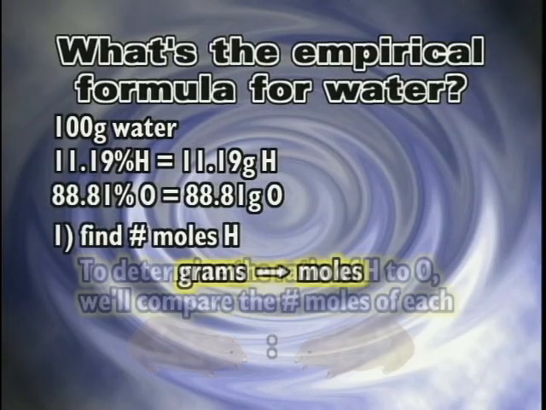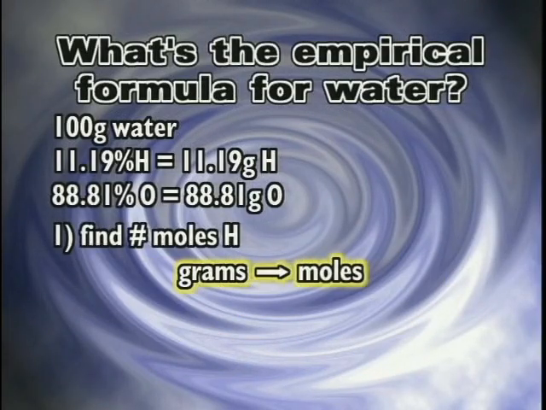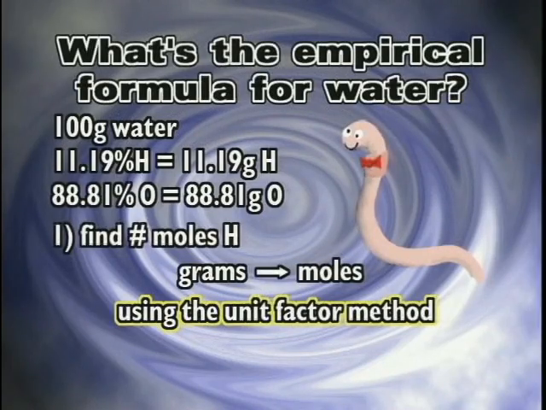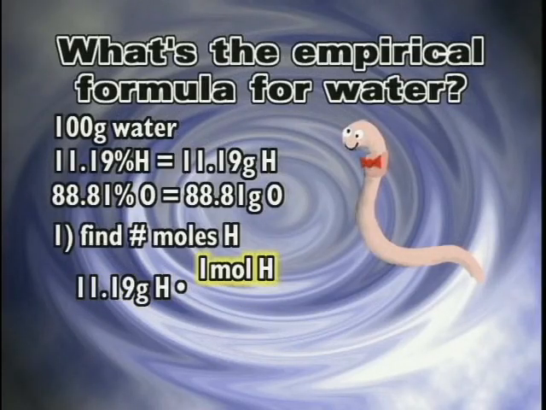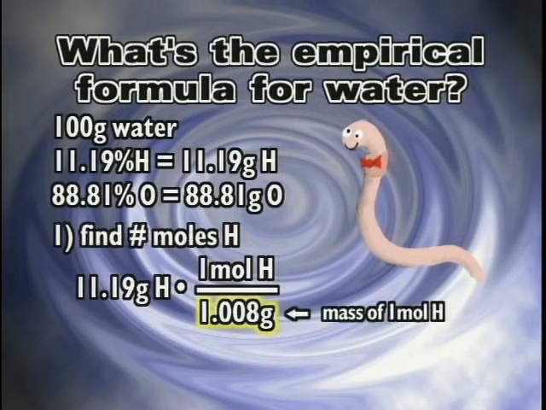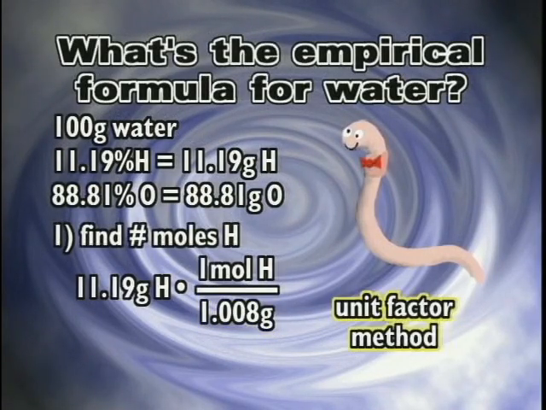We'll convert from grams to moles, changing the units with the unit factor method. Convert from grams to moles by multiplying our sample of hydrogen, 11.19 grams, times 1 mole of hydrogen atoms over the mass of 1 mole of hydrogen, which is 1.008 grams. What we're doing here is the unit factor method.